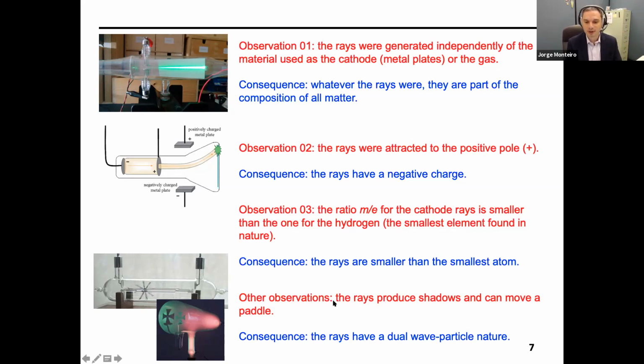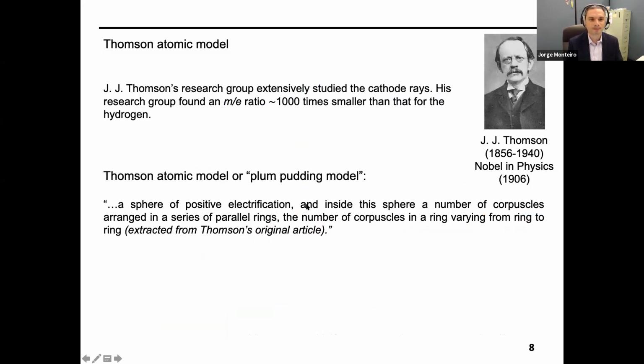Other observations, the rays produce shadows and can move a petal. So therefore, they have a dual wave particle nature. So we will tackle this later on. So let's work with these three observations here and consequences, and let's try to figure out what the cathode rays were.